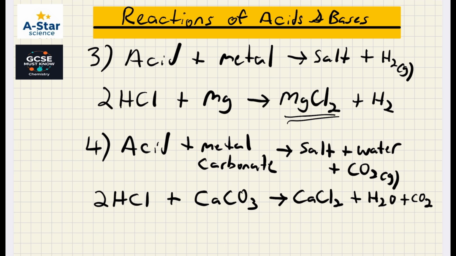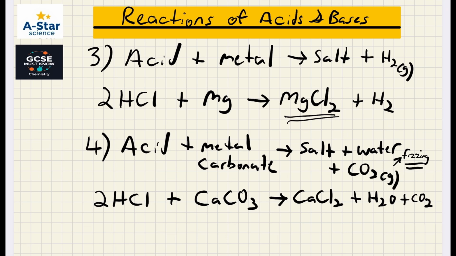So an acid plus a metal carbonate yields salt plus water plus carbon dioxide. And as a result, you would see fizzing or effervescence in this particular reaction. So those are the main 4 reactions of acids that you need to know.